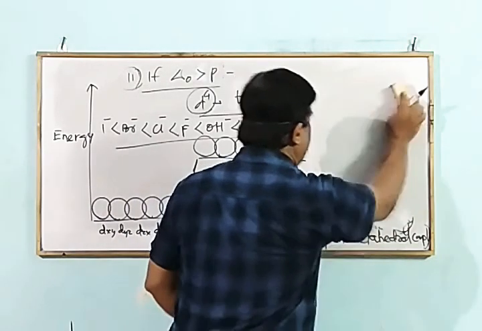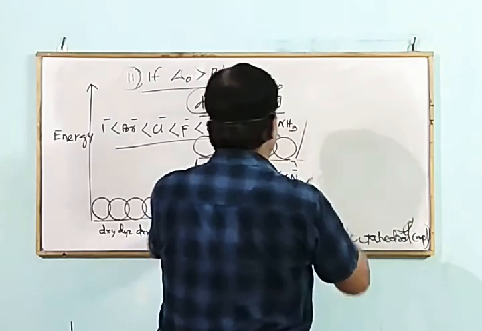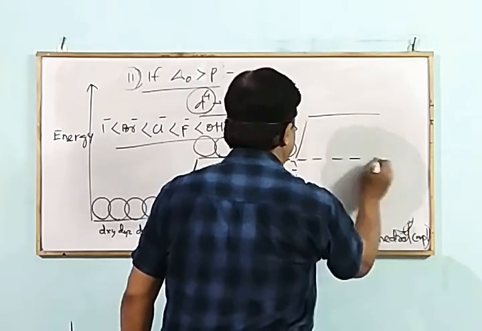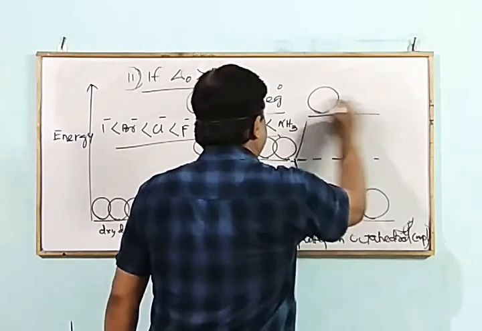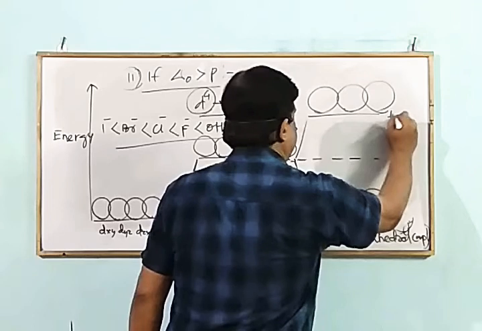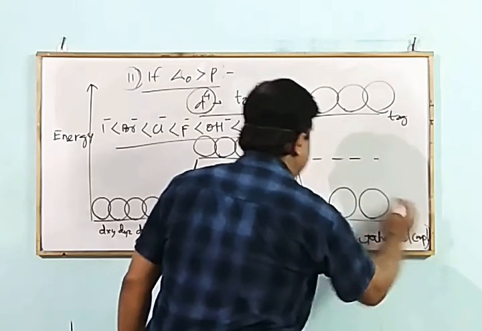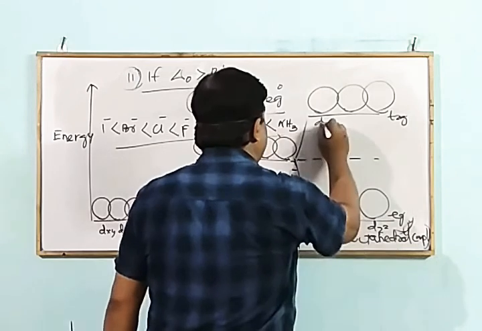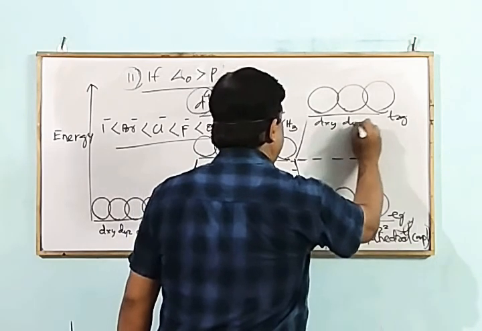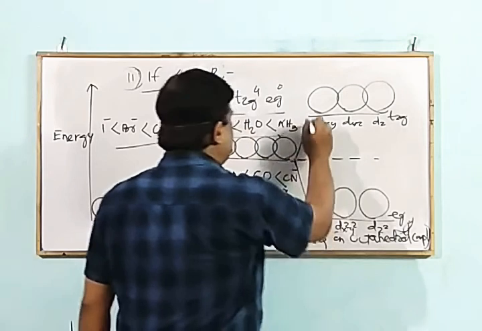In a tetrahedral complex, the arrangement is with the barycenter: e, with dx2-y2 and dz2, and t2, with dxy, dyz, dzx.